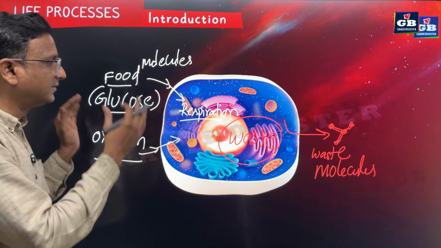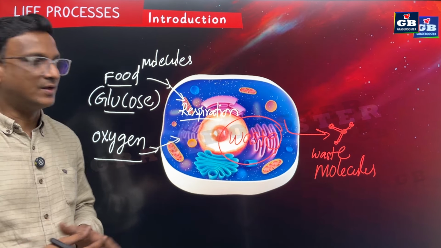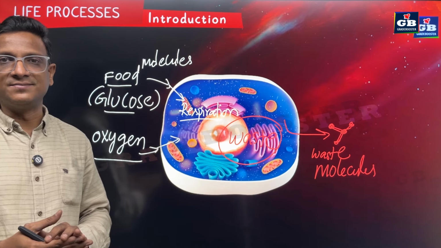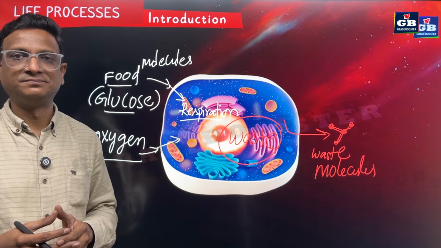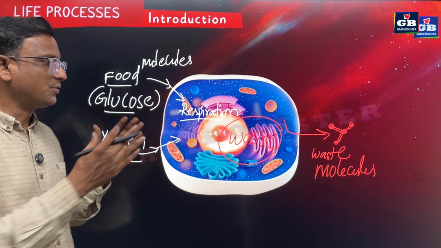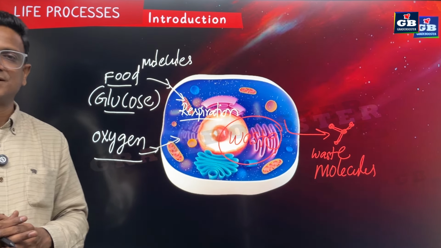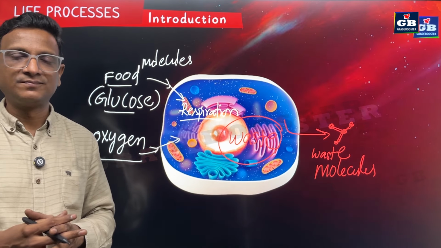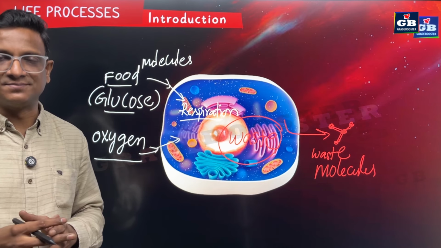So basically for the movement of molecules into the cell and out of the cell, living organisms need some mechanisms. They need some activities to keep these cells alive. So this movement of molecules is a feature of living organisms.